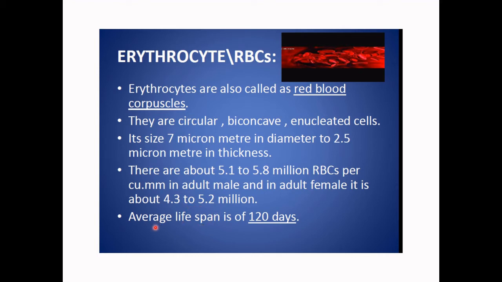Now, these RBCs are not going to live forever in our body. They have a certain lifespan. The lifespan of these RBCs is about 120 days, and after 120 days they get degraded and eliminated from the body through the spleen or liver, and new cells are produced in the bone marrow.